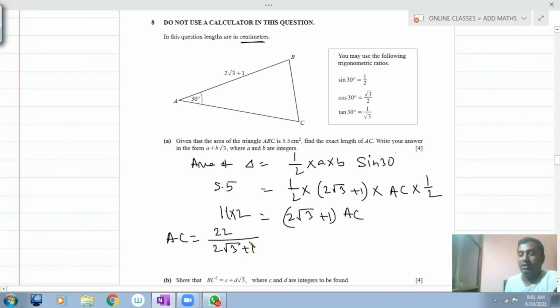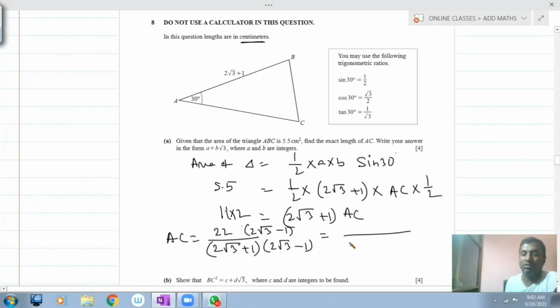Since the denominator is in surd form, we need to rationalize this fraction. We must multiply both the numerator and denominator by 2 root 3 minus 1, and then it is becoming a plus b and a minus b.